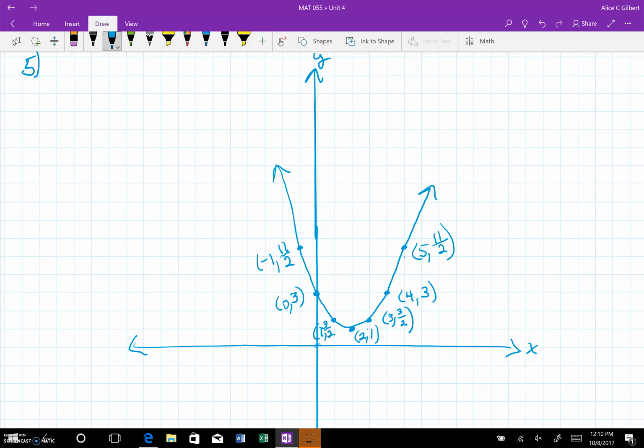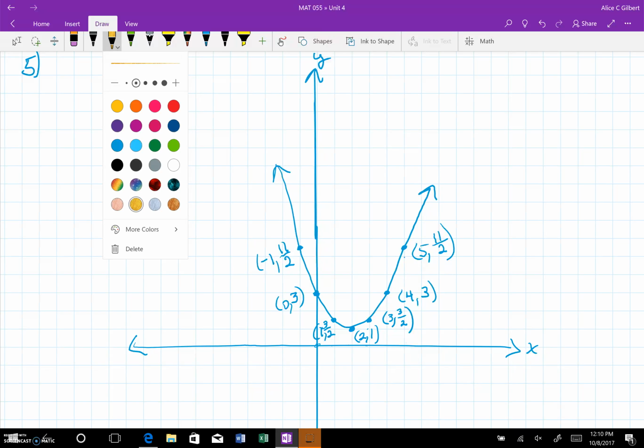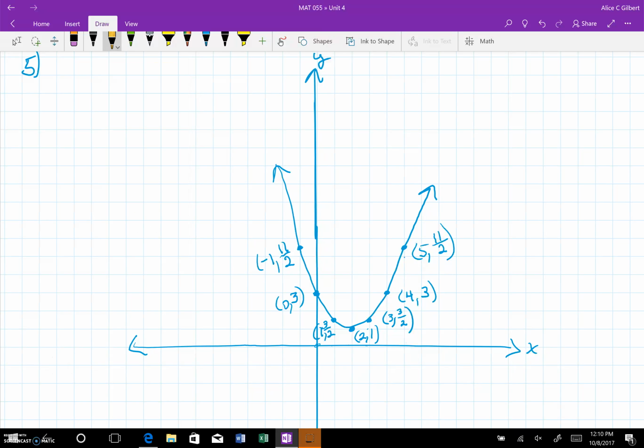Now, just to show you, I have time on this one, I'm going to graph the parent graph. If our parent graph had started at 2, 1, this is what it would look like. We go to the right 1 and up 1, to the left 1 and up 1, to the right 2 and up 4, 1, 2, 3, 4, to the left 2 and up 4, to the right 3 and up 9.